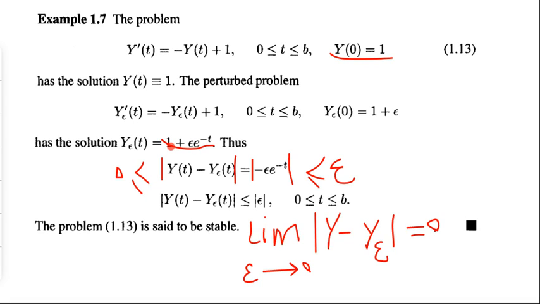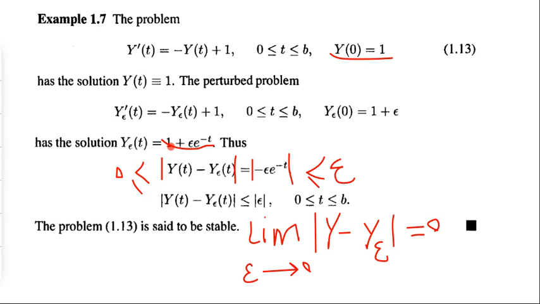or well conditioned. So here we saw two different examples. In the first example, our problem was ill conditioned, and in the second example, our problem was well conditioned, because in the first example, small changes in our initial condition result in large changes in our solution.